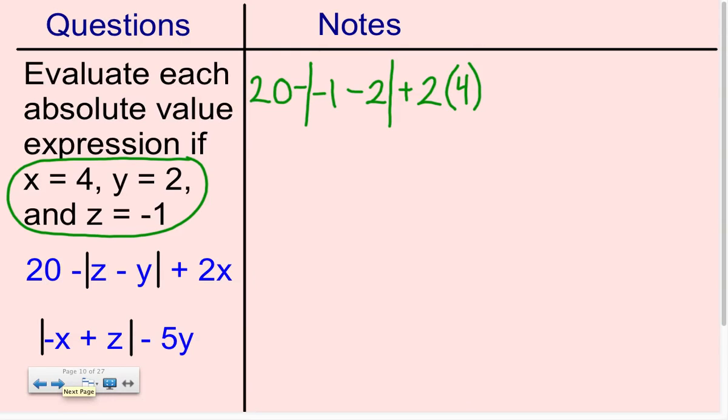Following PEMDAS, I start with my absolute value signs. -1 and -2 make -3. Bring down the rest of my problem. The absolute value of -3 is 3.